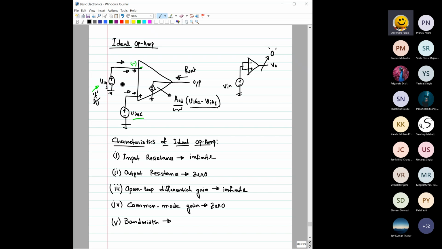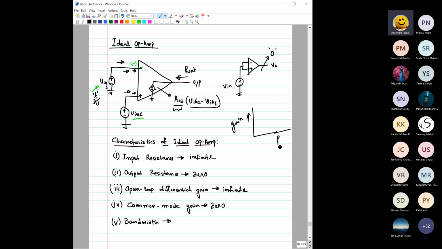We have also seen in our amplifier design in BJT that, due to internal capacitances as well as external capacitances, coupling capacitors and bypass capacitors, an amplifier has a frequency response. It has some bandwidth within which the gain of that amplifier will be constant.